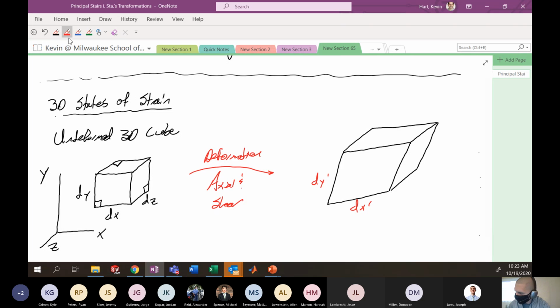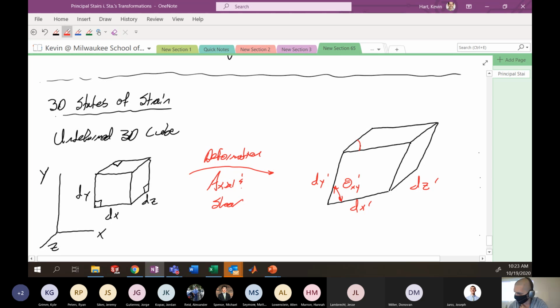Sorry about that. And here we have dz prime. We also may have new angles. I'll call this angle here, which exists, theta x, y prime. It is now no longer 90 degrees because of the shear that we may have like incident on this particular guy.